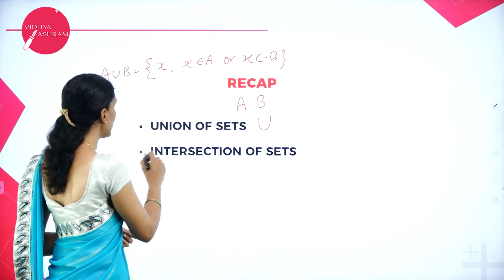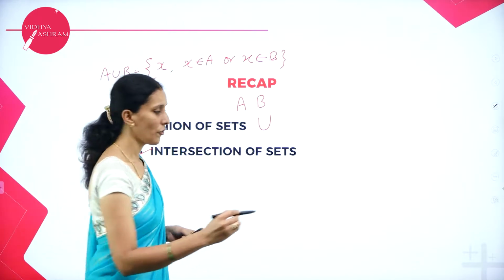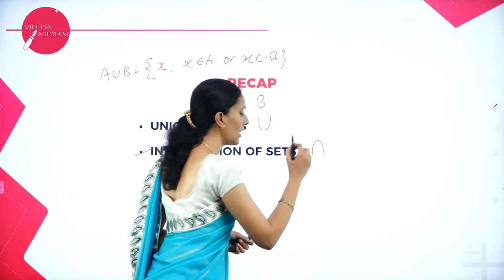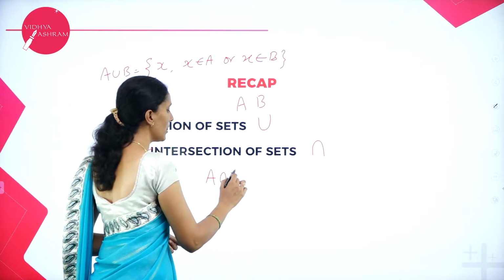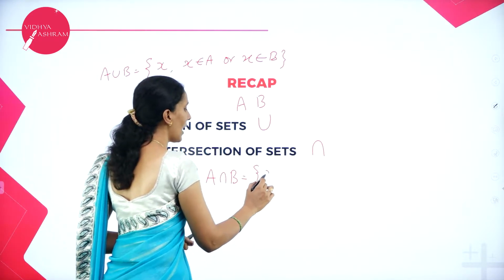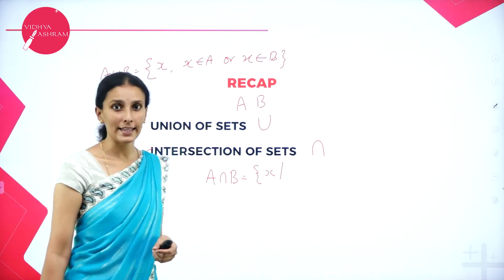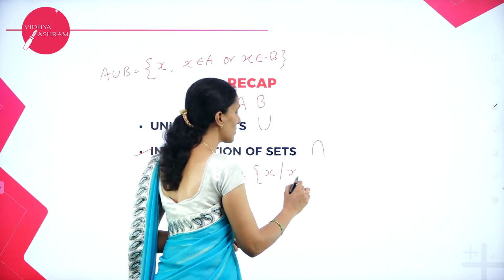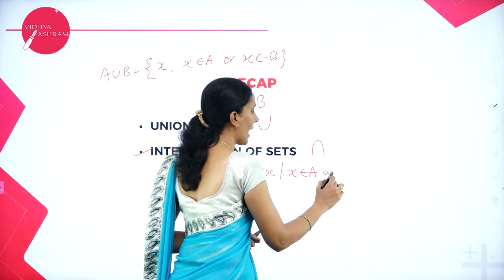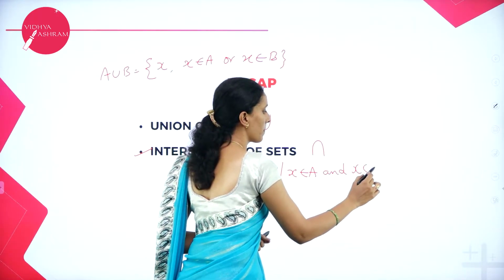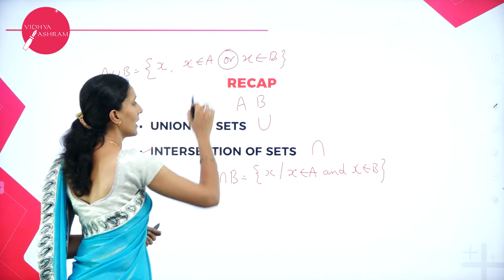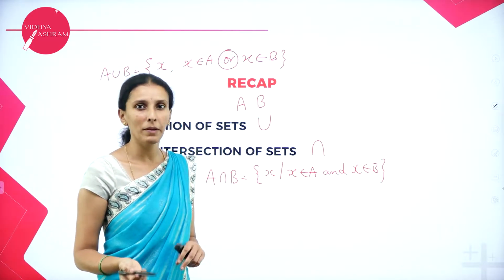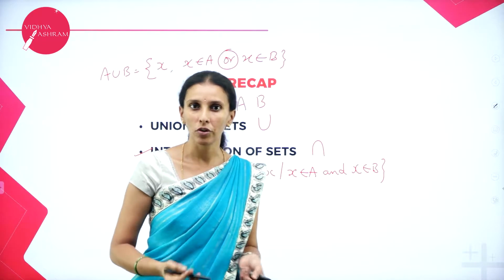Next, what is intersection of sets? Intersection of sets is given by this symbol, and if you have any two sets, then the intersection is the collection of all those elements X such that they must belong to both A and B. So here OR is used, that means the element may be present in A or B, you should list it out.